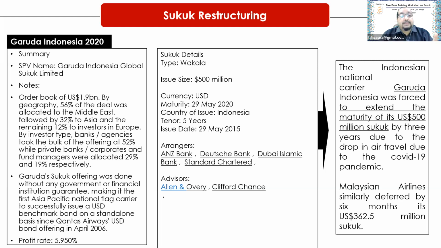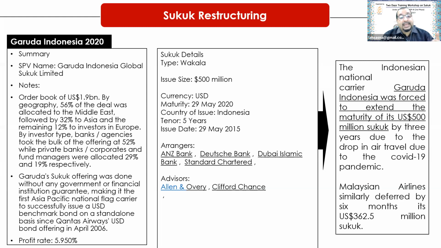And of course, by investor, bank agencies took the bulk of the offering, which is 52%, and private corporations and fund managers were allocated 29% and 19% respectively. The Garuda Sukuk offer was done without any government financial institution guarantee, meaning they didn't take the guarantee. So number one, it removed cost, and number two, because financially they were strong.